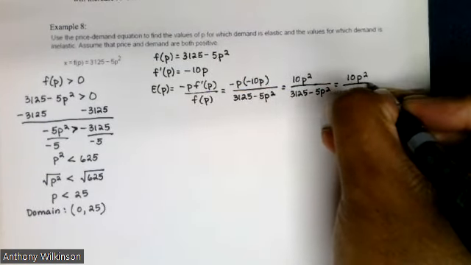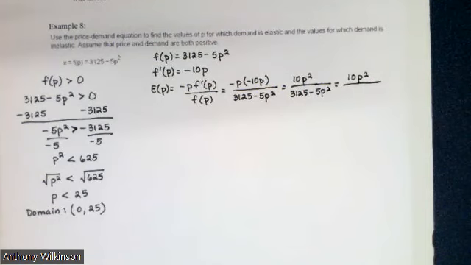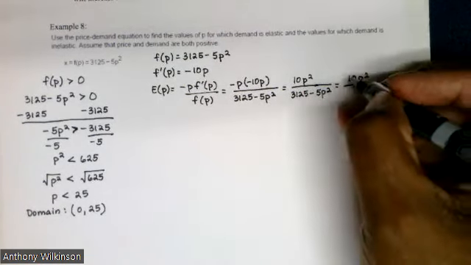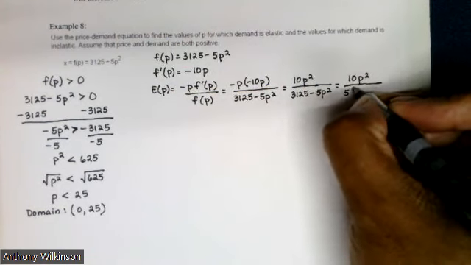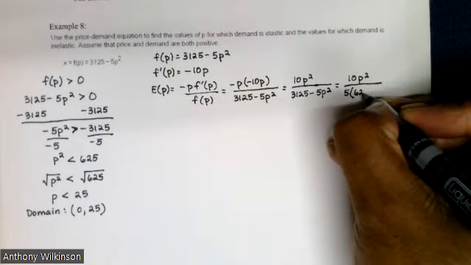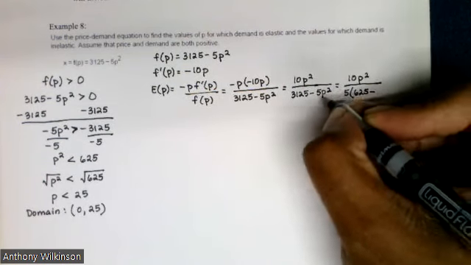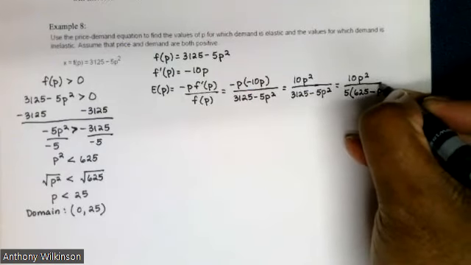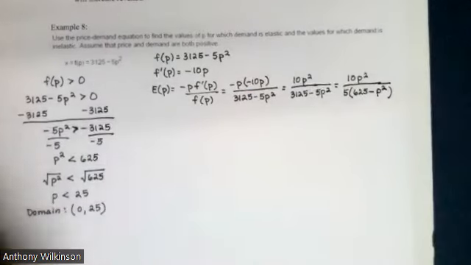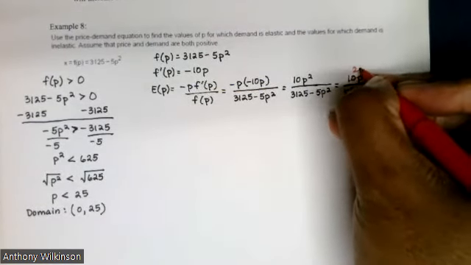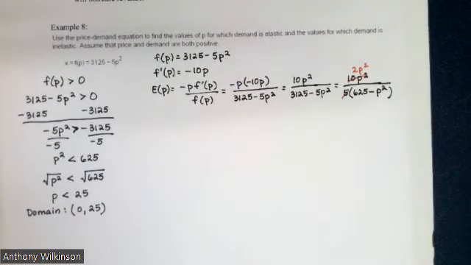And I'm going to factor out the 5 in the denominator, because 3125 and 5p squared have a common factor of 5. I'll factor that out. 5 goes into 3125, 625 minus 5p squared divided by 5 would be just p squared. And if I simplify this a bit, 5 goes into 10p squared, 2p squared times.